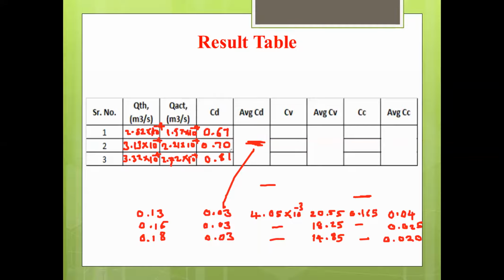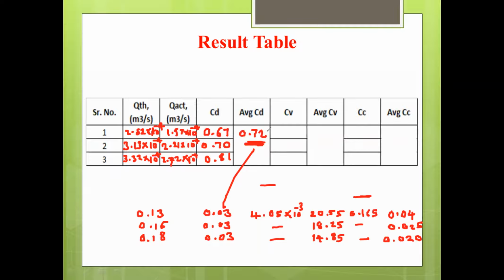Okay, if I do the average of this, 0.81 plus 0.7 plus 0.67 divided by 3, you have to do the summation and divide by 3. I have got here CD as 0.72.